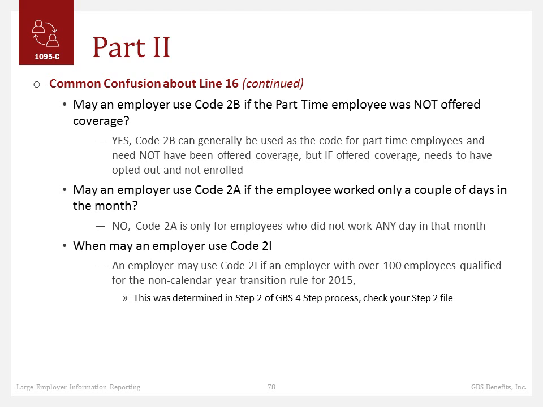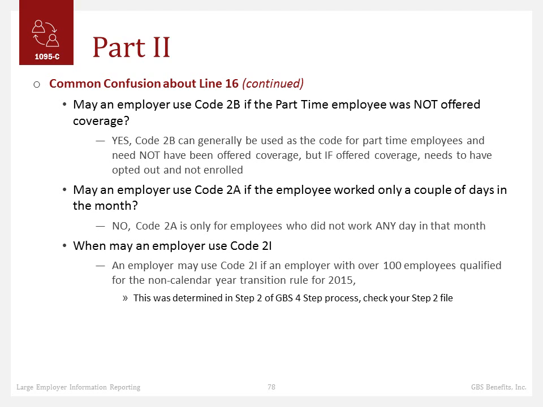Okay, common confusion about line 16 continued. There's a lot of confusion on this line, as you well know. May an employer use code 2B if the part-time employee was not offered coverage? Yes. In my cheat sheet for the Series 2 codes, we talk about the fact that it's a little confusing how we worded it earlier.